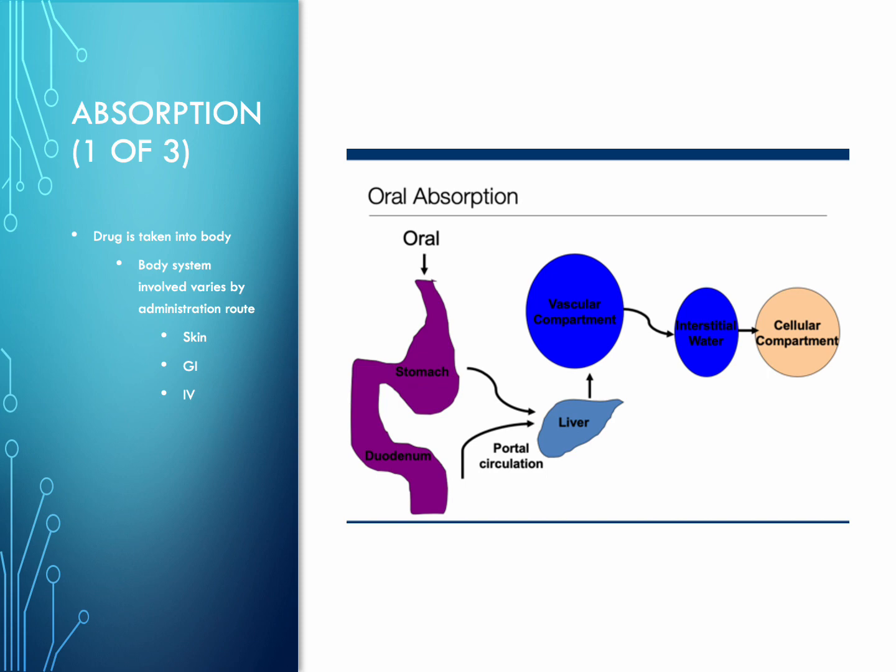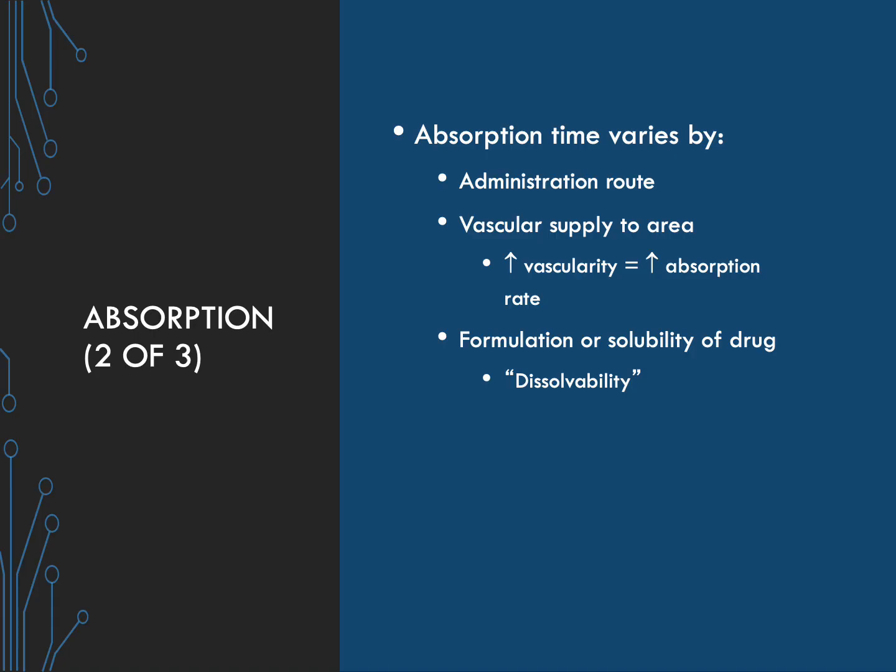It's also important to note that solubility makes a difference, and the solubility of a drug is its ability to be dissolved. That's going to affect the absorption rate. If the drug dissolves really fast, it's going to be absorbed more quickly, but if it dissolves really slowly, it's going to take a lot longer for the medication to be absorbed. Certain factors are going to impact how quickly drugs are absorbed, right?